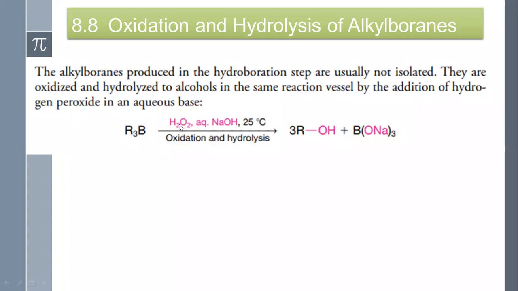hydrogen peroxide. So our second reagent, after we do the hydroboration, where our product is an alkyl borane, is for another step, the oxidation, and our reagent is hydrogen peroxide, H2O2, in the presence of aqueous sodium hydroxide. We have a base here, so the medium is basic.